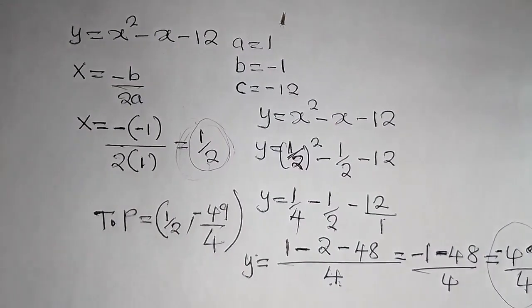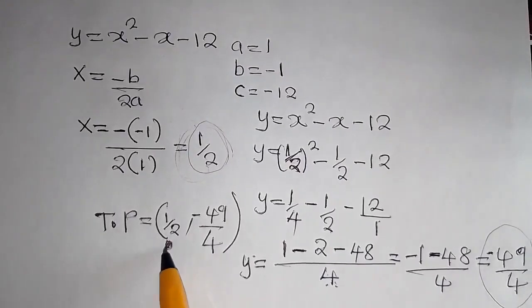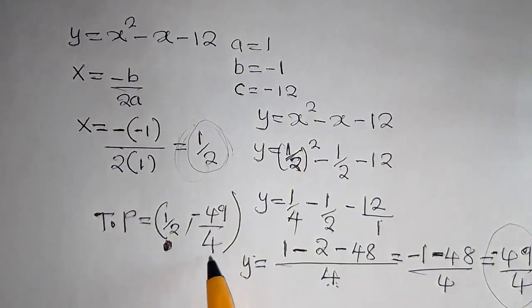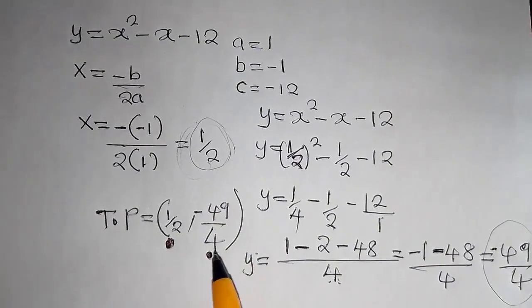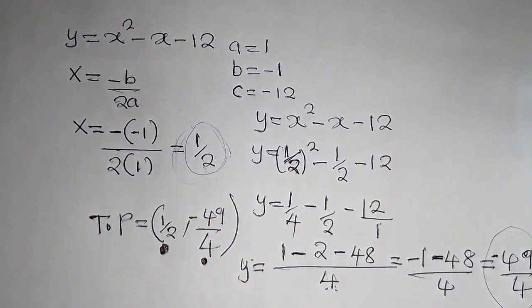I told you that this one here is called the equation of the line of symmetry, and this one here is called the minimum value of y or maximum value of y, depending on the question which you are given.